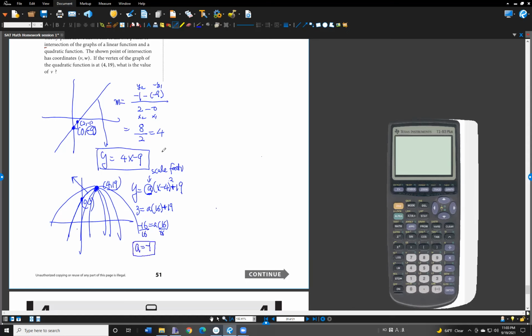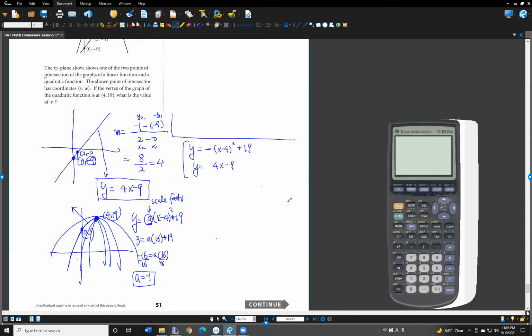So the equation of this curve, I'm going to use this one. The graph is y equals negative (x minus 4) squared plus 19. That's the graph. The other one is over here, 4x minus 9. Okay, now you have to solve this one algebraically. This is only one way. Now how to solve this one? Expand this one.